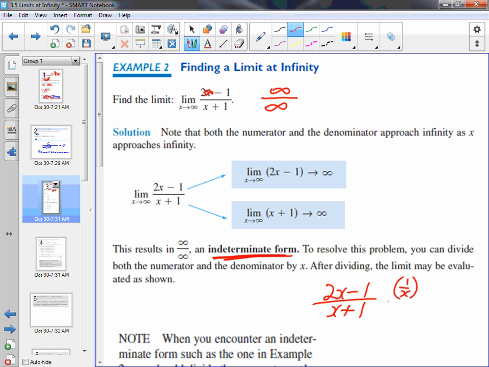And haven't we plenty of times multiplied by a number over itself? Okay? So dividing the numerator and denominator by x is really multiplying the numerator and denominator by 1 over x. But from now on, let's just say we're dividing numerator and denominator by x, okay? And here's our mathematical justification for why we can.